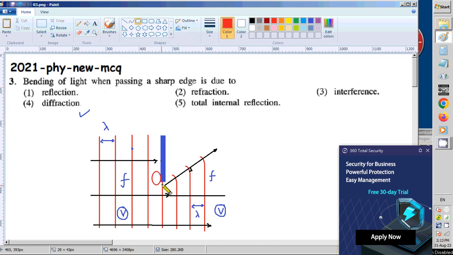If we draw according to that principle, here is the place, the origin of this wave, the center. This circular wavefront is alone there. There are no other wavefronts here to make that overlapping place to convert it into a straight line.